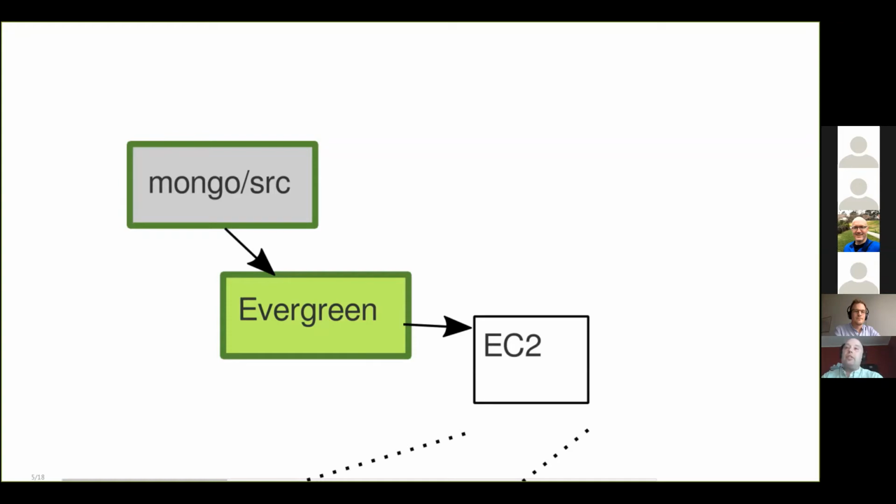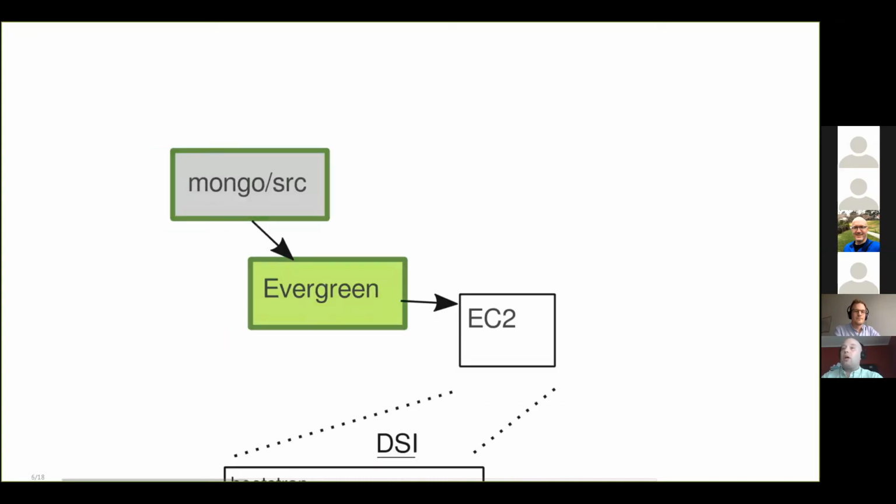Then Evergreen checks out the source code, and there is typically a single server in EC2, and Evergreen or another CI system has an agent when it runs the test. From the CI point of view, this is what is happening: it's running, let's say, a test called DSI, it executes for a while, and at the end there are some test results. This is what Evergreen thinks is happening.